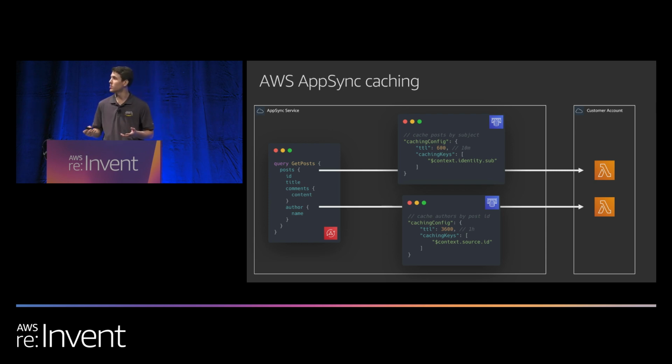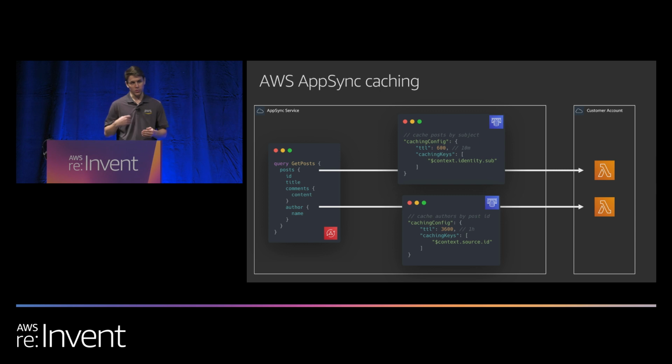I'm resolving this post field. It's going to go to some post service or post data source, maybe on Lambda or even DynamoDB. And because I have this cache config, it's telling us, hey, I want you to preserve this feed for 10 minutes. And I want you to keep it unique to the currently logged-in subject as provided by their identity, which is likely coming from a JWT token.